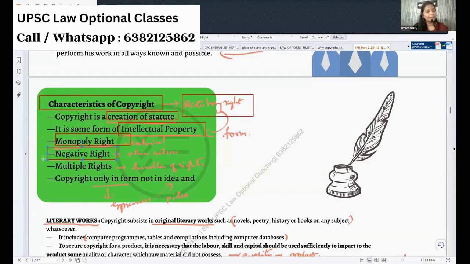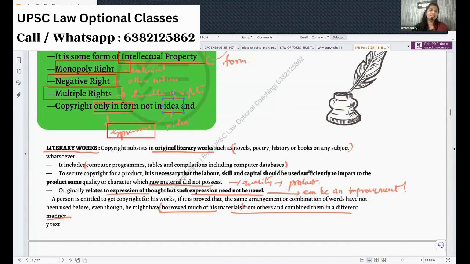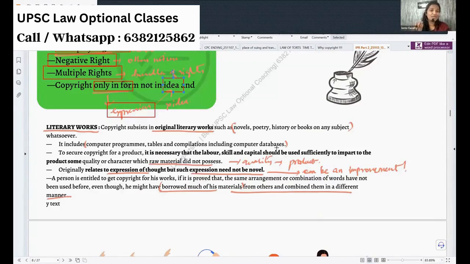So it is a multiple bundle of rights. And finally, copyright protects only the form, that is the expression, and not the idea. All these points are very, very important. If you reflect this in your answer, definitely you're going to score more.